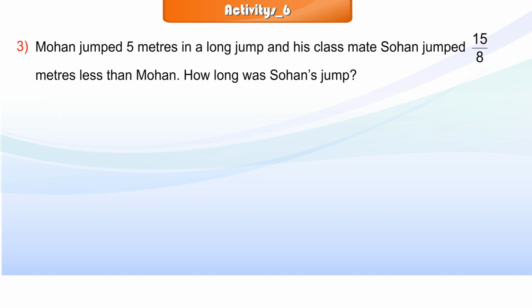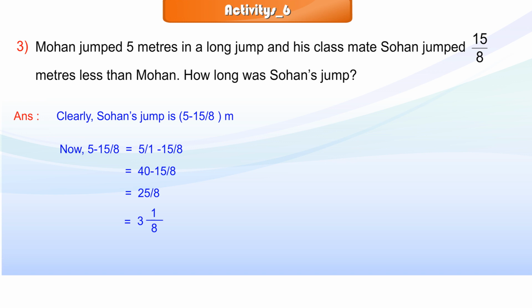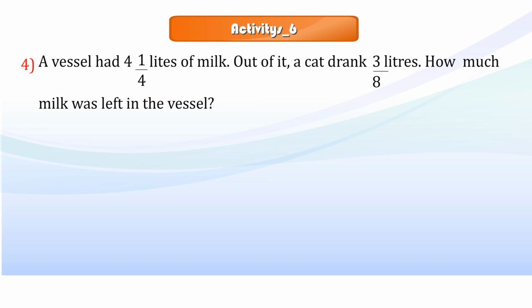Three. Mohan jumped 5 meters in a long jump and his classmate Sohan jumped 15 by 8 meters less than Mohan. How long was Sohan's jump? Four. A vessel had 4 1 by 4 liters of milk. Out of it, a cat drank 3 by 8 liters.